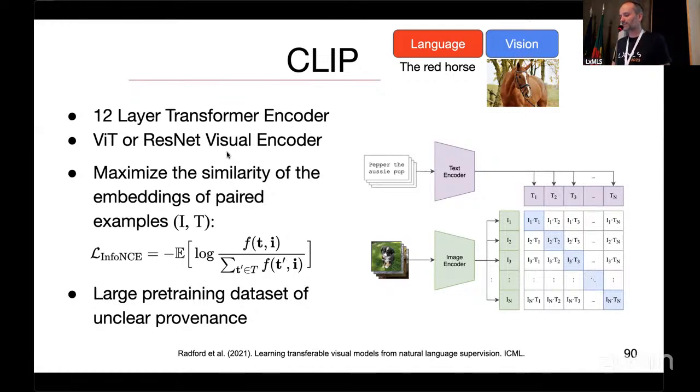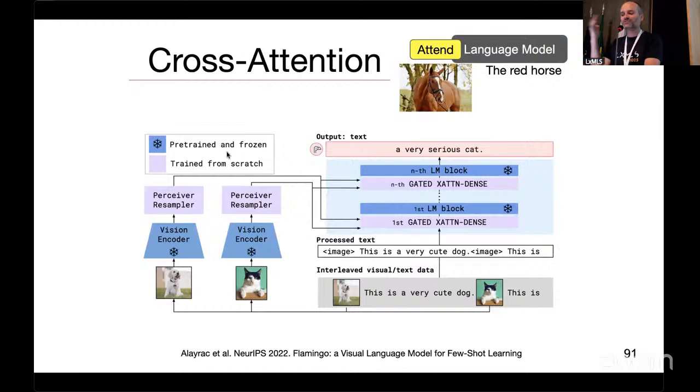Moving on from this, we have cross-attention models, which are completely different from the ideas of the dual encoding strategy. And it tries to address one of the big problems with the cross encoding, because in cross attention, you assume you have a language model. And what you want to do is to make it aware of visual inputs.